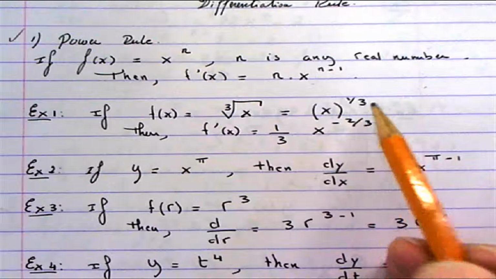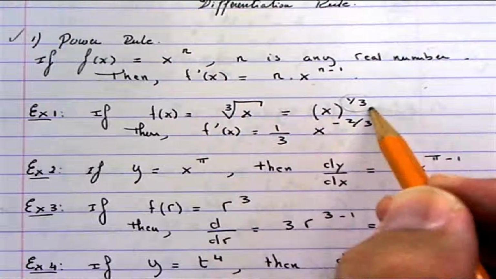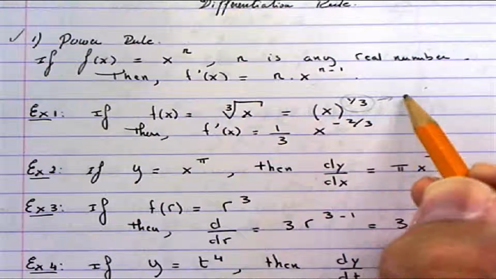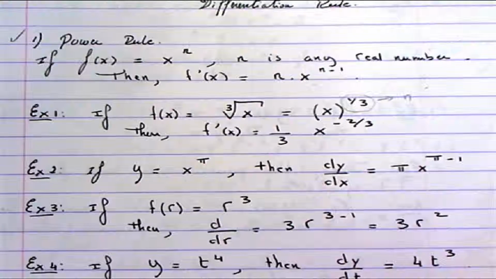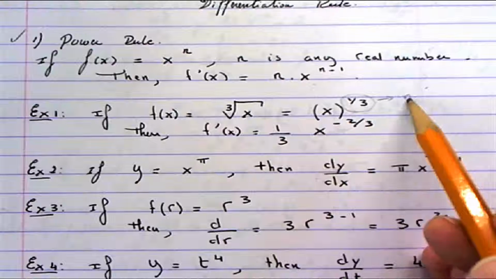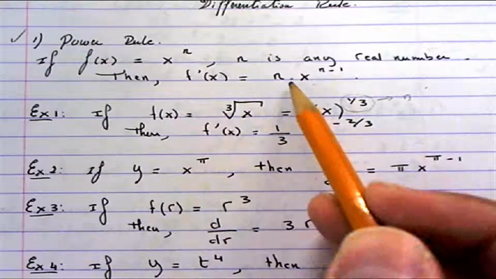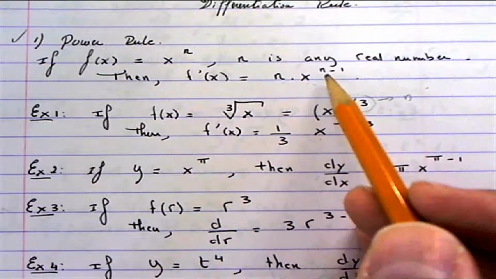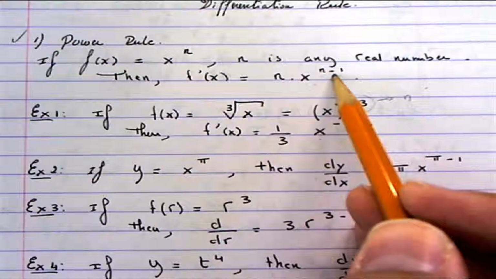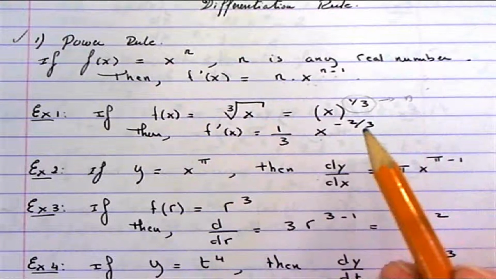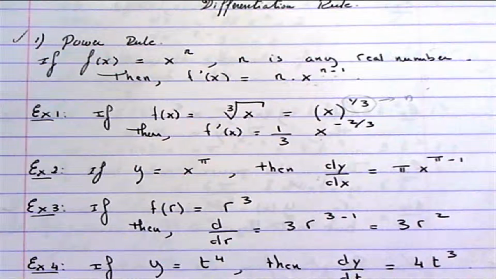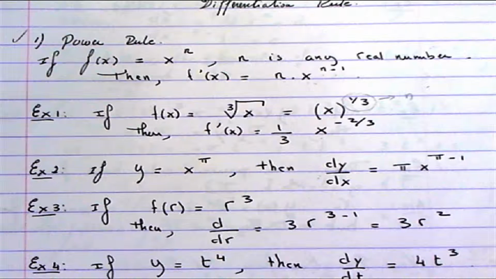Well, this is your n. This n needs to come down in front of the x, and then the n will be subtracted by 1, becomes negative 2/3. That's the first derivative, people. Done. Finish.